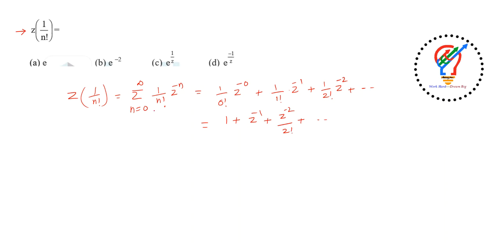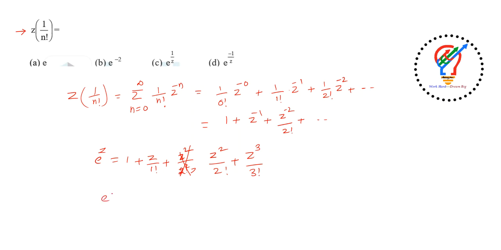Now which is equal to what? First of all I write e power z. So e power z, what is that? E power z is nothing but 1 plus z by 1 factorial plus z square by 2 factorial plus z cube by 3 factorial.